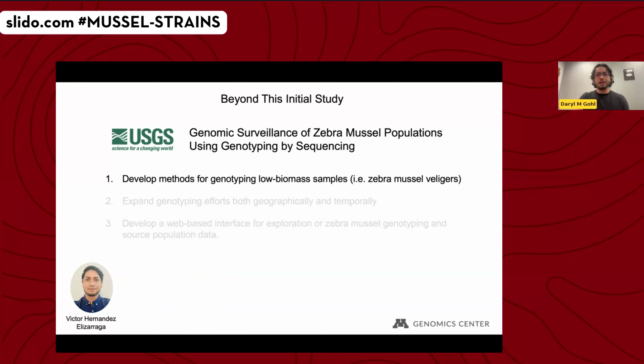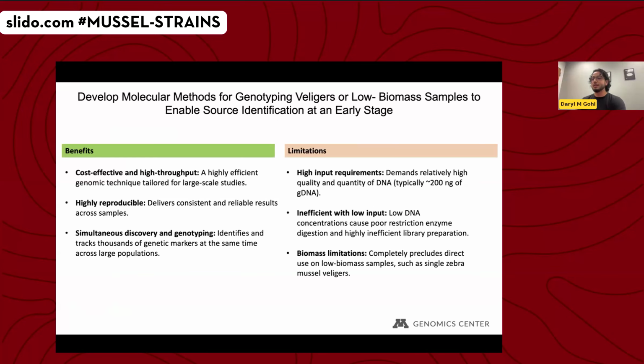Right. Hi, everyone. My name is Victor Hernandez. I'm working with Daryl and Mike on this beautiful project. As Daryl already mentioned, we have genotyped about 2,000 mussels with GBS. This technique is highly efficient and tailored to large scale studies.